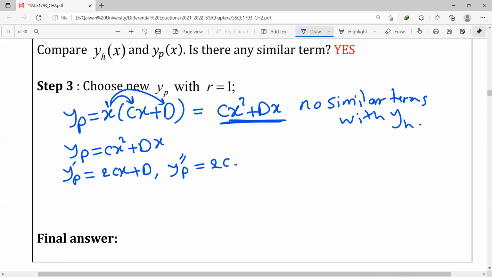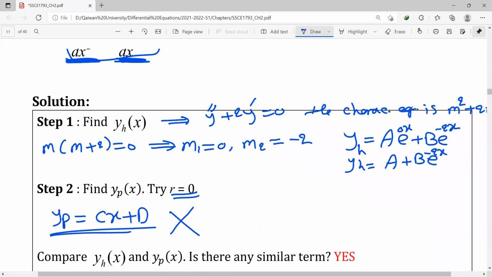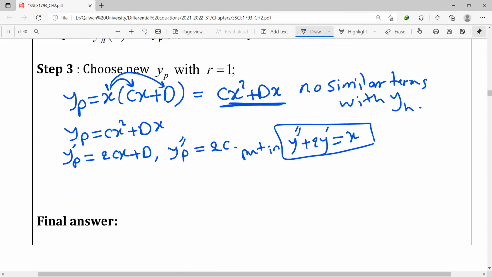Now we return them to the given differential equation. The differential equation is y double prime plus 2y prime equals x.